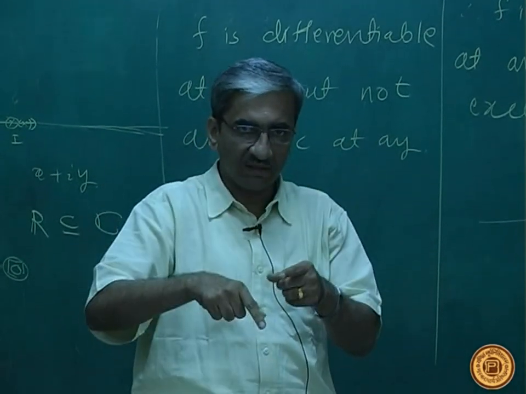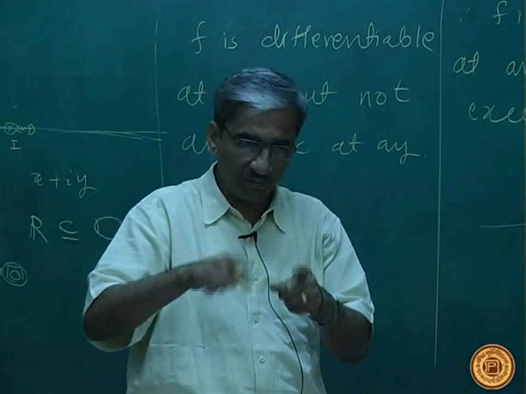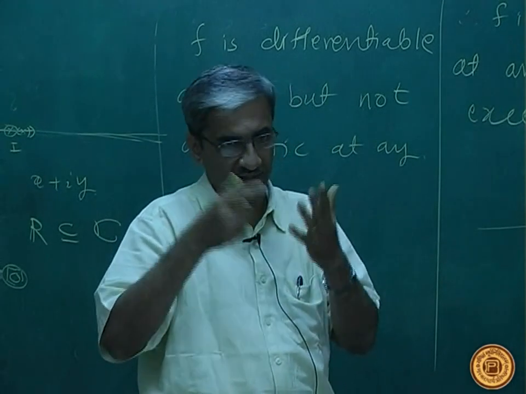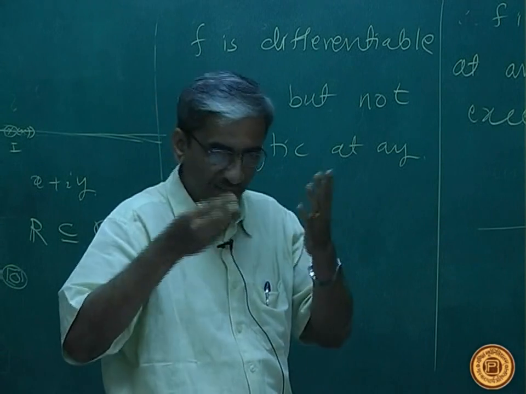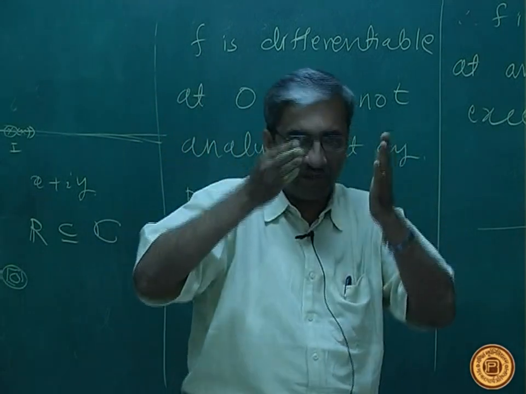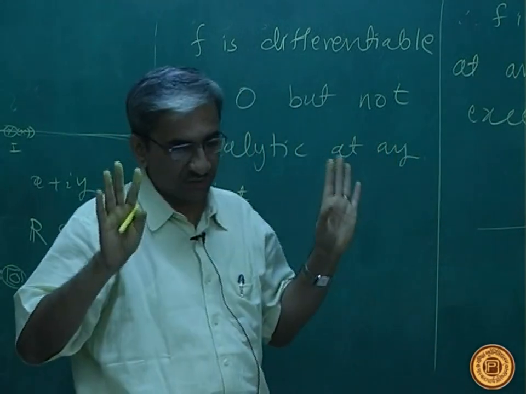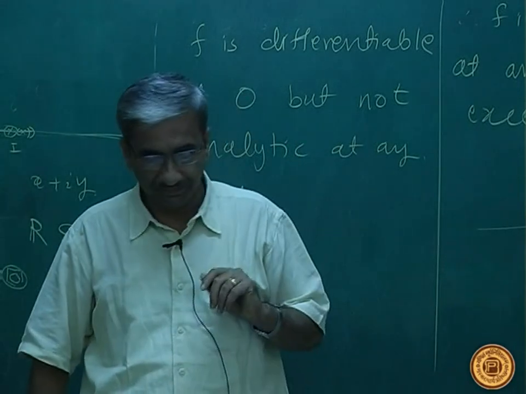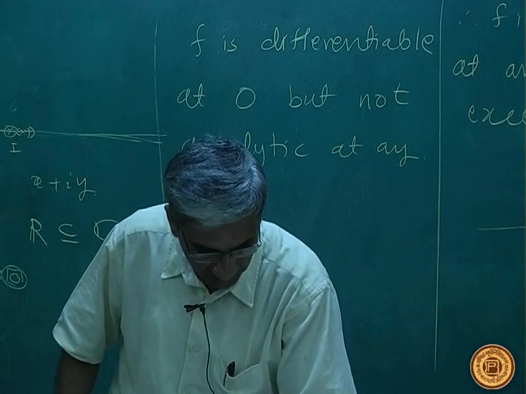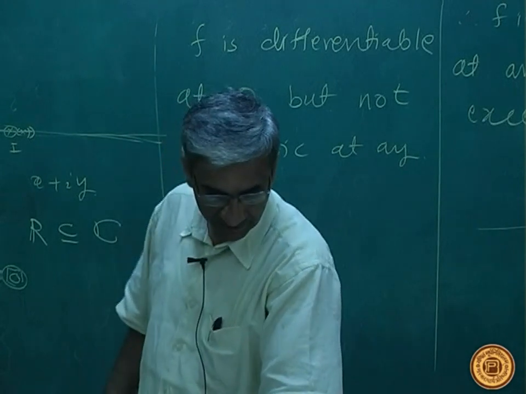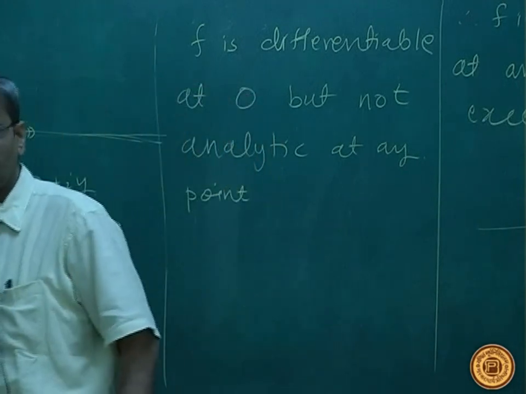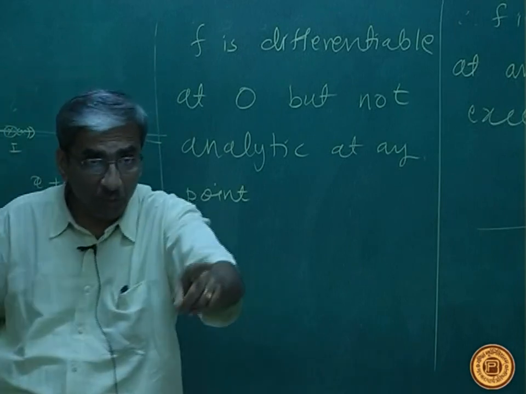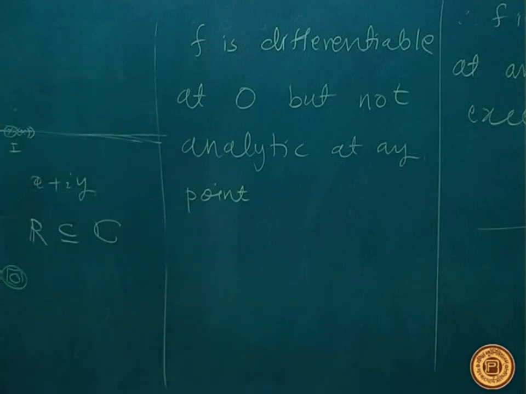So, differentiability in the neighborhood of every point will be automatically satisfied. In fact, analyticity demands that at every point in an open set the function should be differentiable. So, read again: a function is said to be analytic in S if it is differentiable at every point of S and S is open, okay.